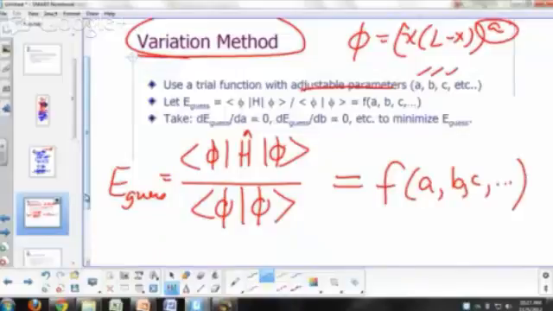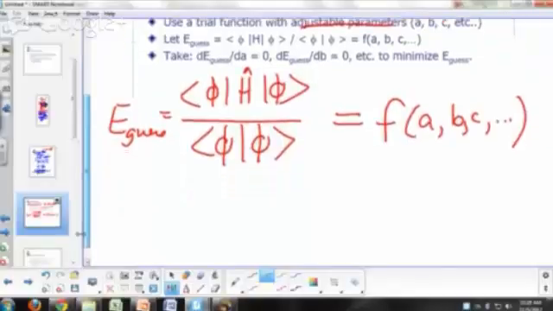So that integral, you're not going to get a number for it. You get an expression that depends on whatever parameters you introduce, a, b, c, or whatever. So what do you have to do to find the lowest possible energy? What do you do in calculus to get the minimum of a function? Take the derivative, set the derivative equal to 0.